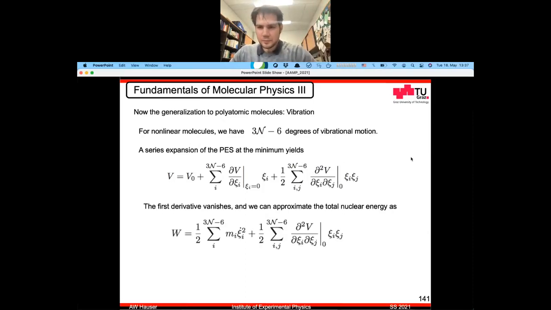And so the first derivative obviously vanishes, and we have the total nuclear energy in vibration in this set of coordinates, where we have already taken away those coordinates through some transformation.